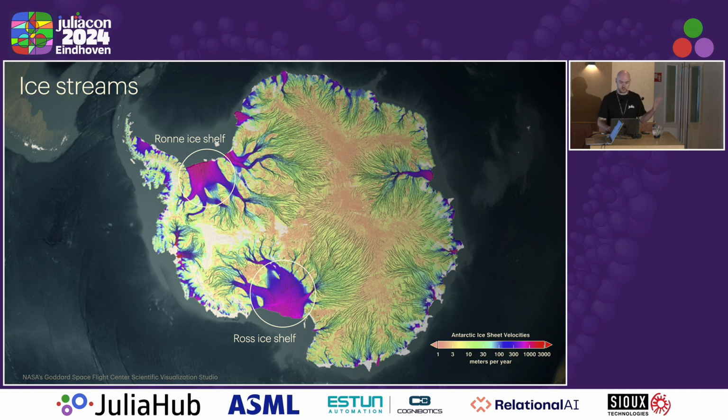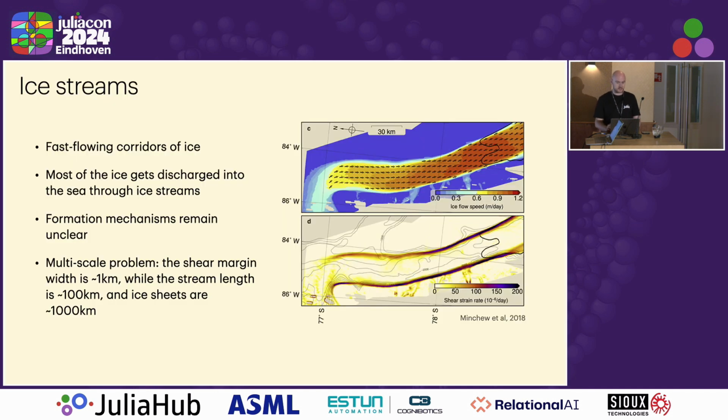This is important because this is how most of the ice gets discharged from the ice sheet and eventually contributes to sea level rise. So understanding the dynamics of the ice streams is important.